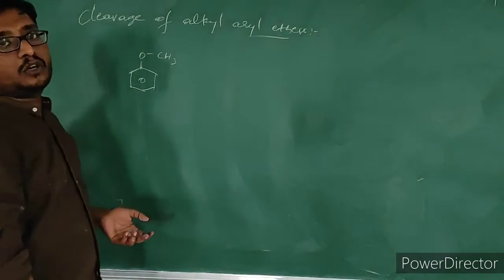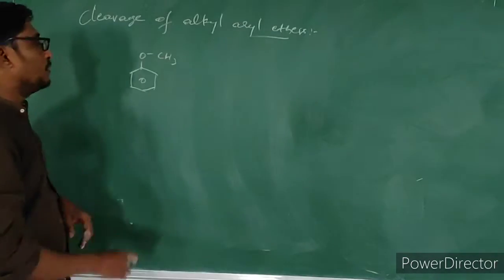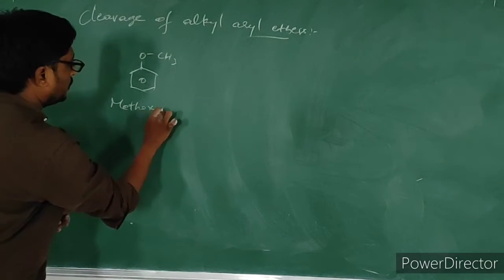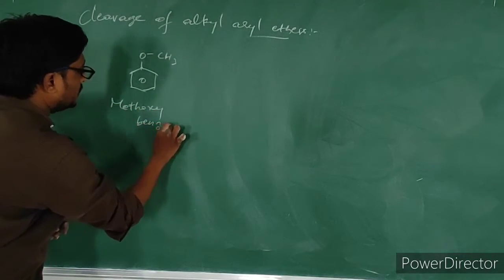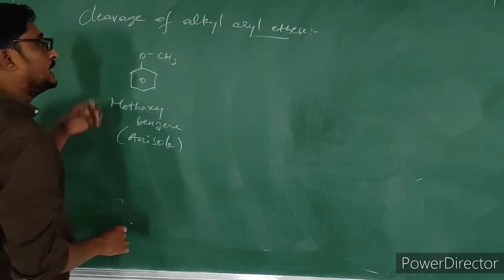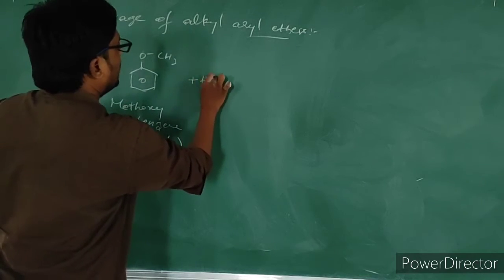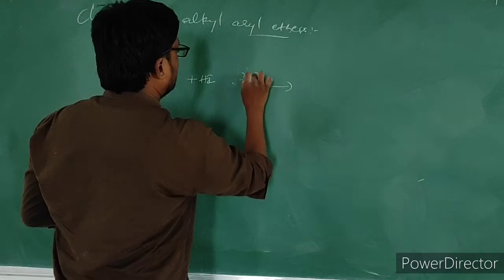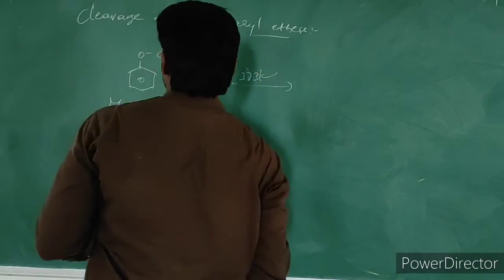Methoxybenzene, or we can call it anisole also, reacting with hydrogen iodide at a temperature of 373 Kelvin.